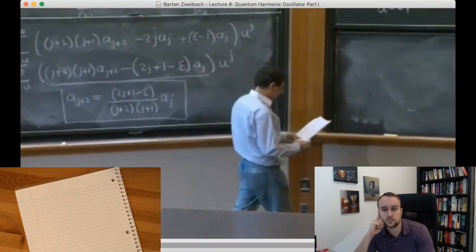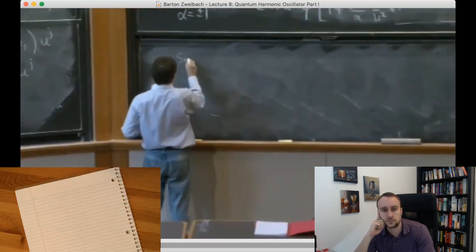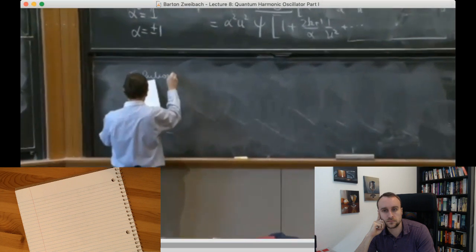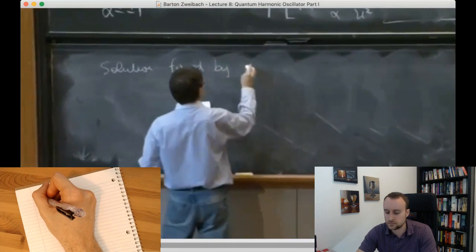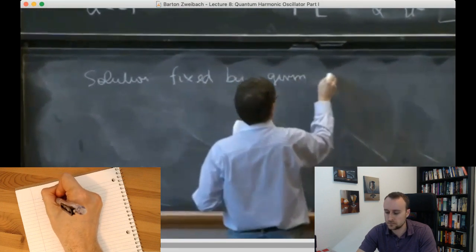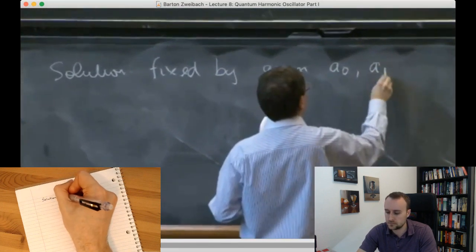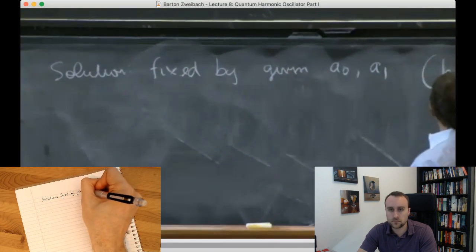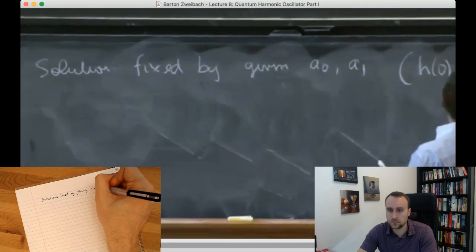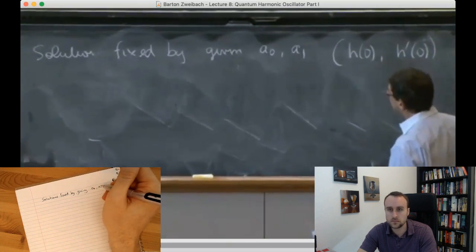That solutions are fixed by giving a0 and a1, which correspond to the value of the function at 0 and the derivative of the function at 0.